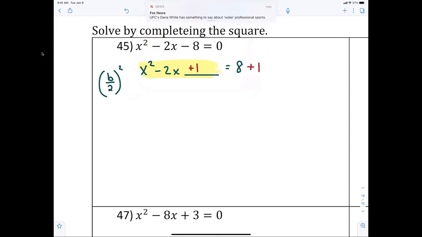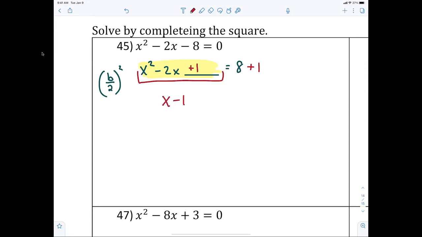Now, what does that do with x squared minus 2x plus 1? It makes it a perfect square. So what does that mean? That means that it factors into a perfect square. It will always create a perfect square.